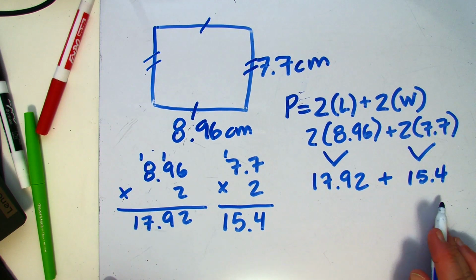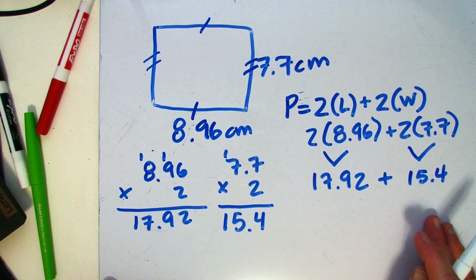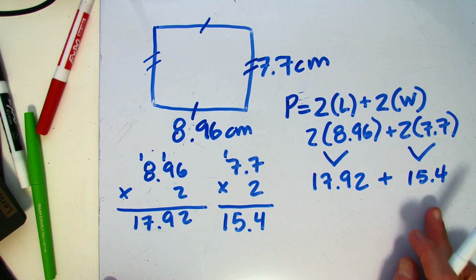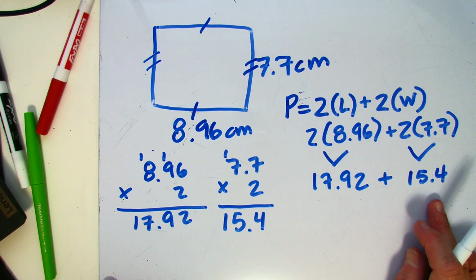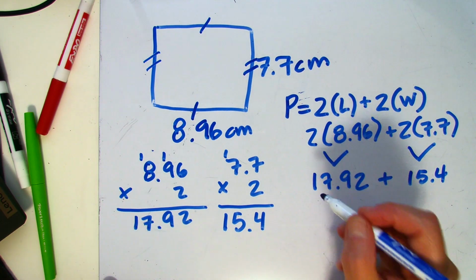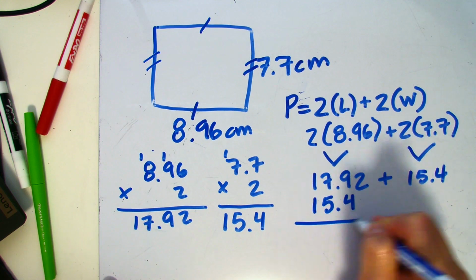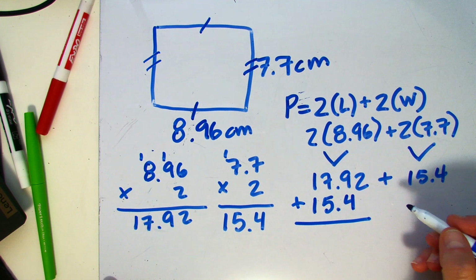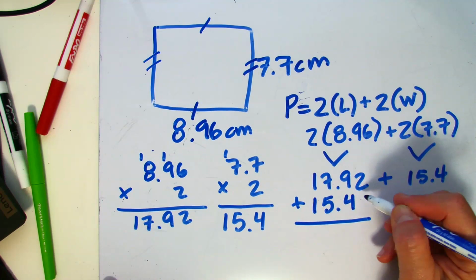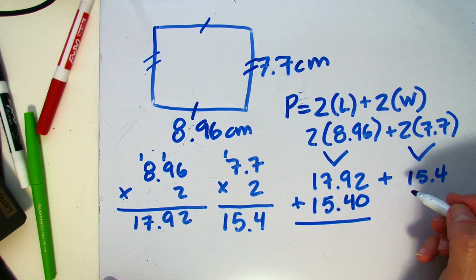Because I'm adding these two together, I'm going to rewrite it vertically, and I want to make sure that I line up my decimal points. I can, of course, insert a 0 as a placeholder. Now I'm going to add.